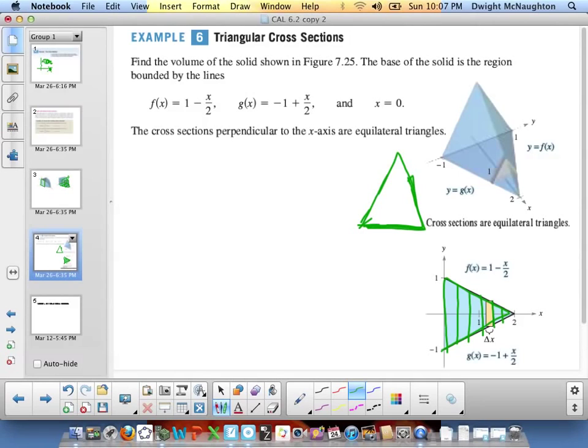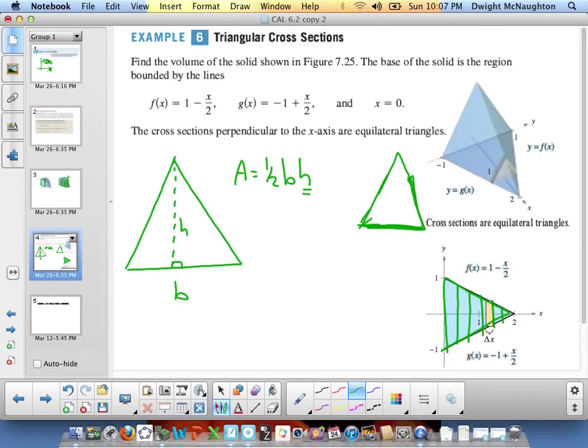As we look at it, here's our equilateral triangle. Here's our base. There's our height. Now normally our area is, of course, 1/2 base times height. But we need to get rid of this height here. Well, if you remember, an equilateral triangle split in half gives you what's called a 30, 60, 90 triangle.